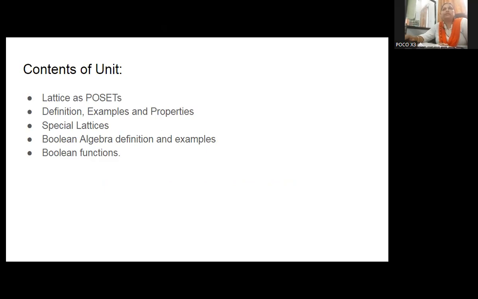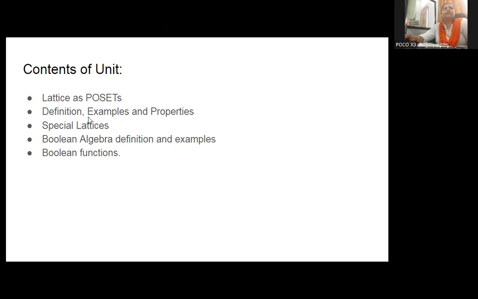An algebraic system is nothing but a set and an operation performed on that set. Now, how is a lattice there? It is acting as a partially ordered set, which we are going to see in this sub-unit.